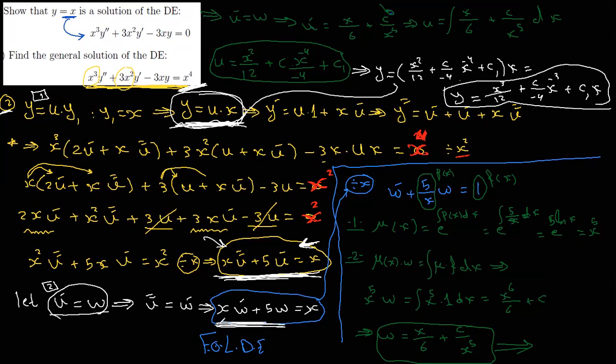I'm going to solve this as a first order linear, as you know from the lectures in the previous week. And to solve the linear, you need those two steps. After that, you have to go back to your u, then to your y.